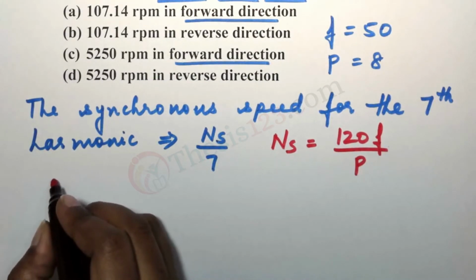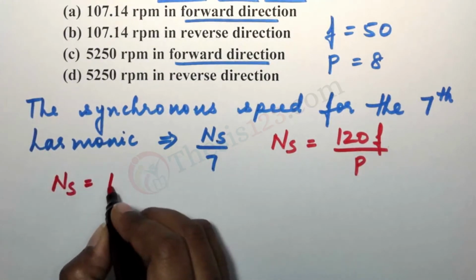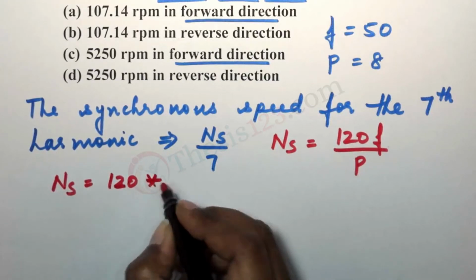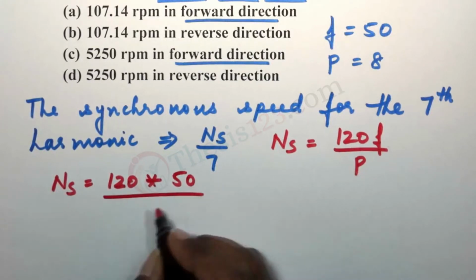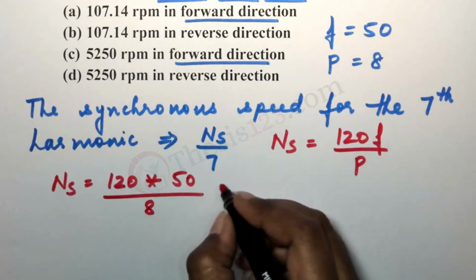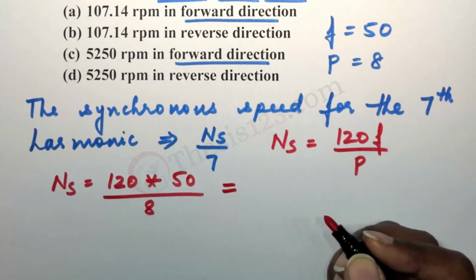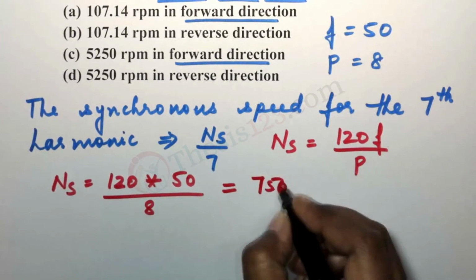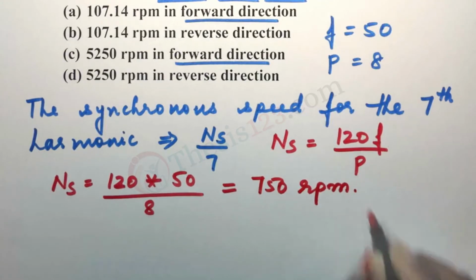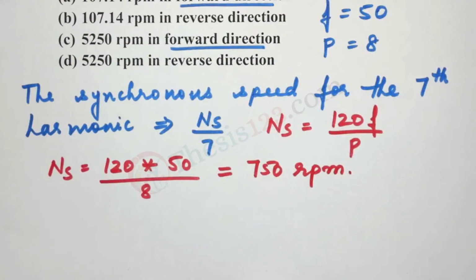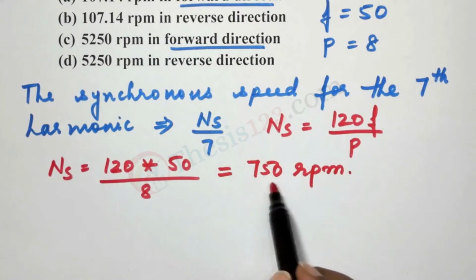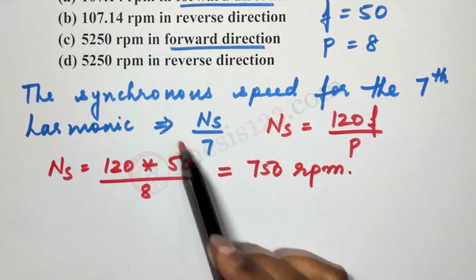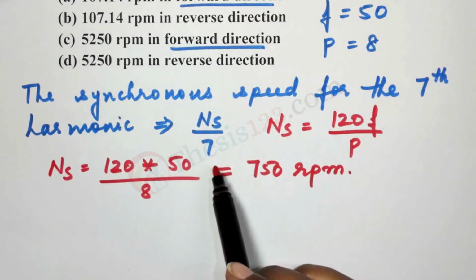So, let's substitute both of them and find out the value of synchronous speed. ns equals 120 into frequency 50 by poles 8. And that gives us a value of 750 RPM. Now the required speed would be the synchronous speed divided by 7, that is the synchronous speed for the 7th harmonic.